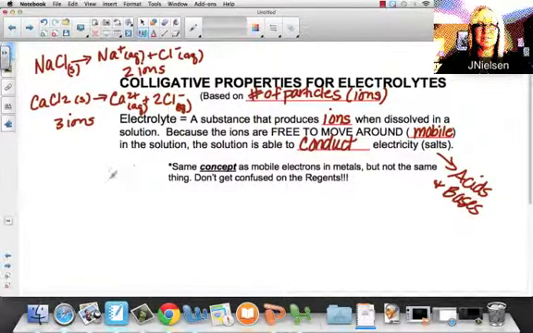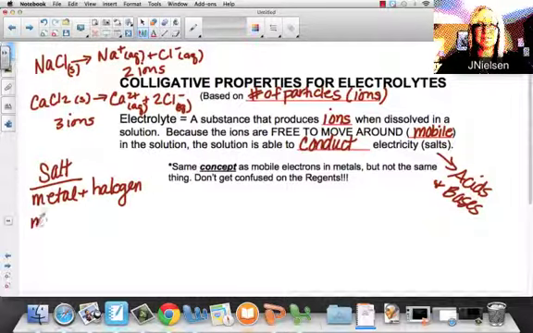And you're going to say to yourself, well, how do I know what a salt is? How do I recognize a salt? A salt can be recognized because it's going to be a metal and a halogen, so that's your group 17, or a metal and a polyatomic combined.